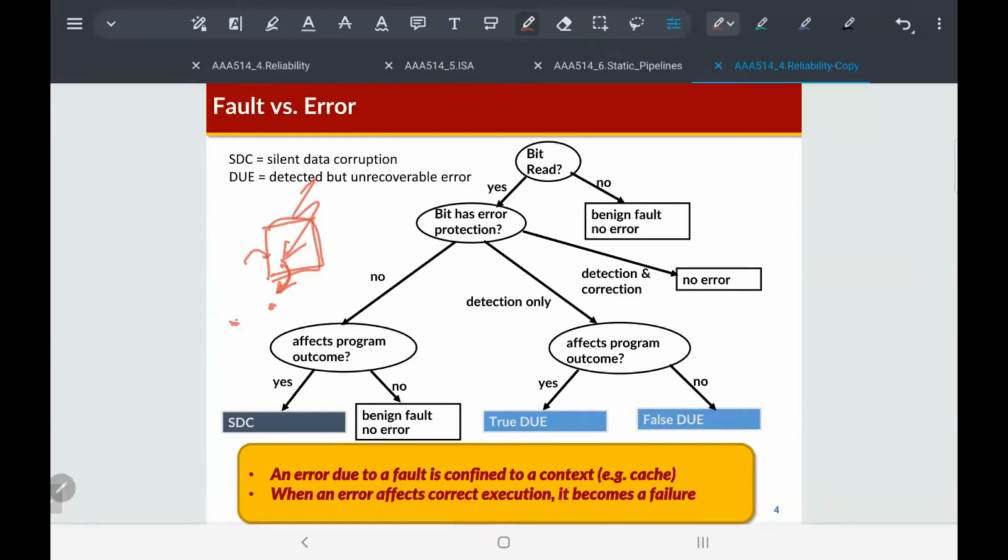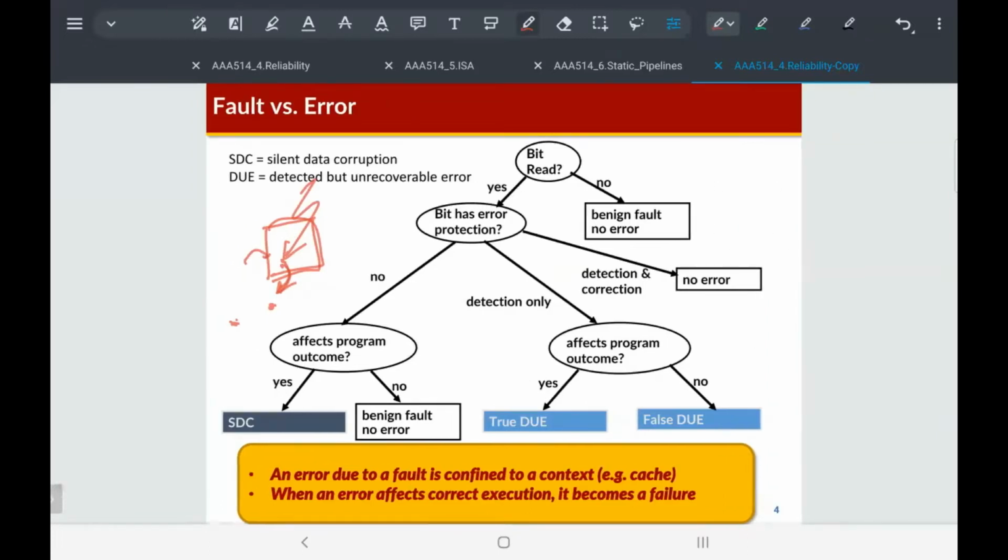So we need to distinguish this kind of error. We need to distinguish faults and errors. So think like this.